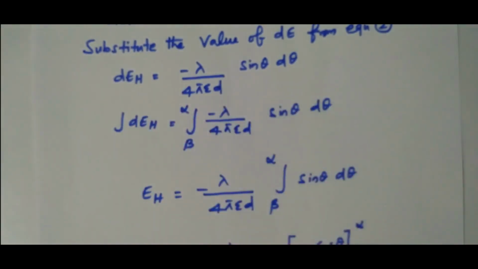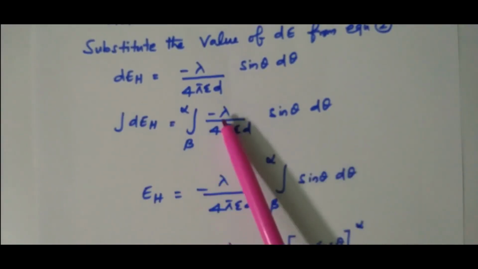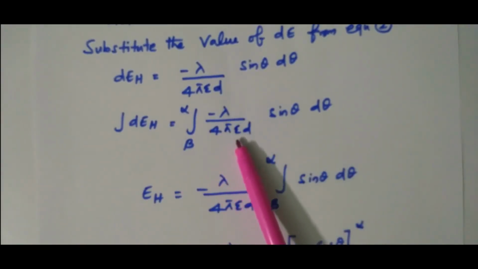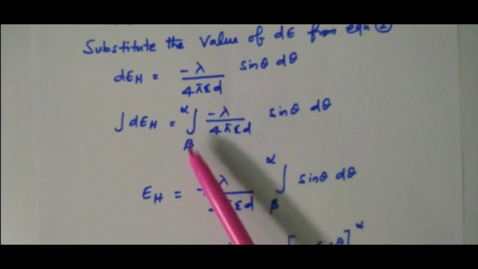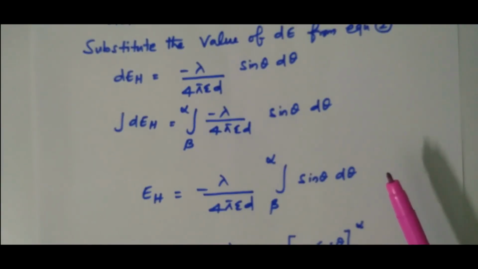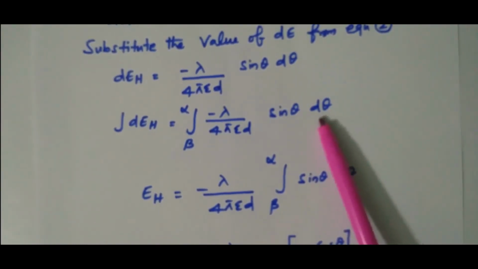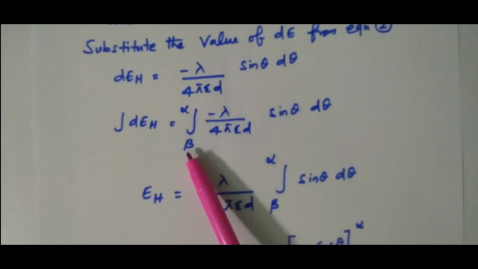By integrating on both sides, we will get the total electric field intensity. So we can go for integration of minus lambda divided by 4 pi epsilon d sin theta d theta. What is the limit for the integration? That is very important. We need to consider the entire length of the cable, AB. But integration is with respect to theta, so we are taking alpha and beta.